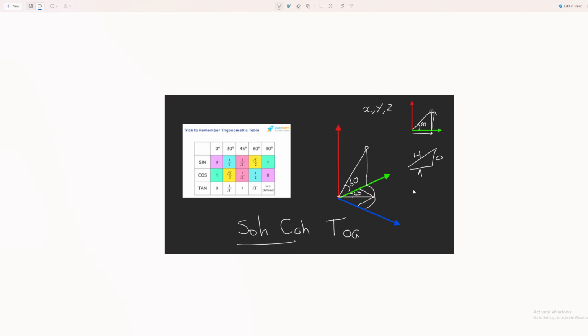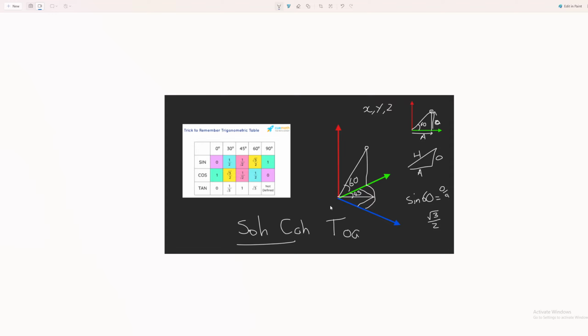So in this instance, sine 60 equals O over H, because this one is opposite to the angle and this one's the hypotenuse. Now we know sine 60 equals root 3 over 2. Okay.